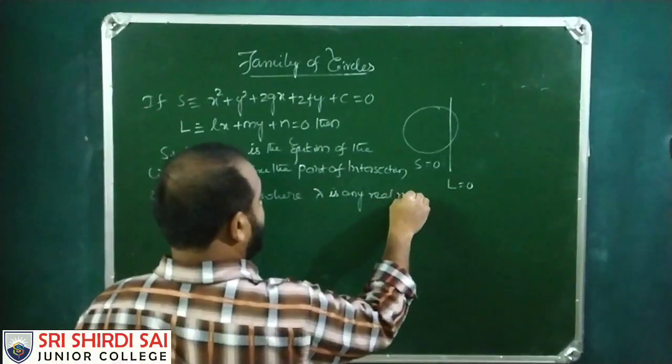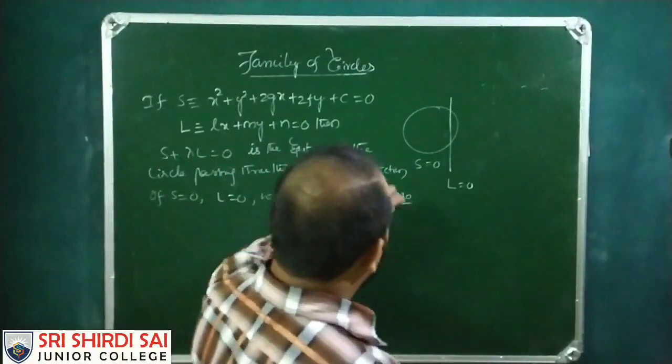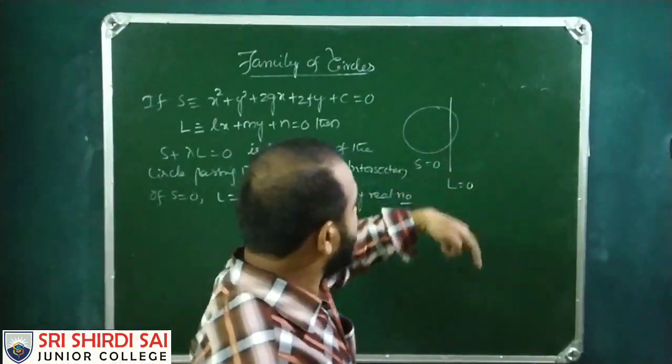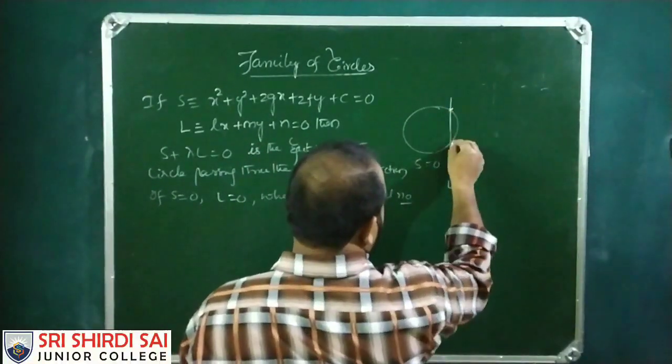So this is S equals 0, this is L equals 0, and both are intersecting at this point.